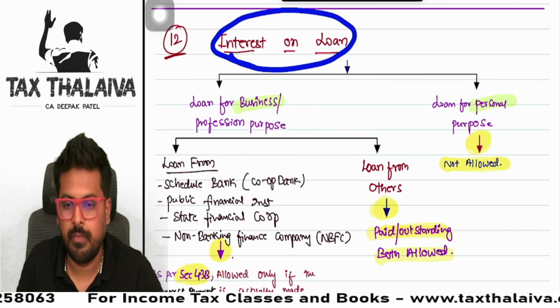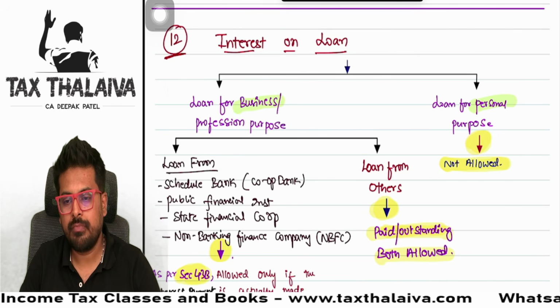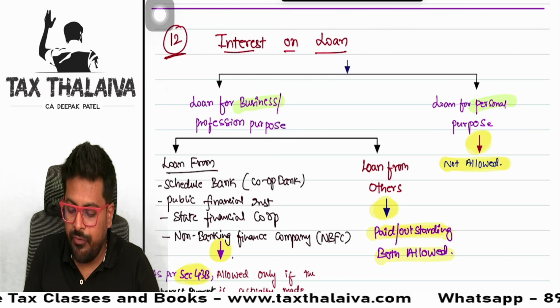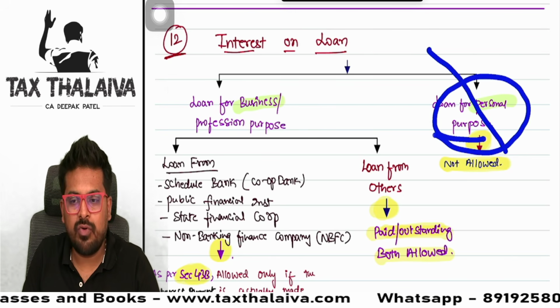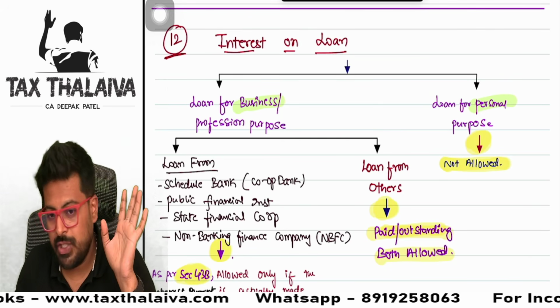Interest on loan. If you take a loan for business or profession purpose, it is allowed. But if you take a loan for personal purpose, of course, that interest will not be allowed as your business expenditure because it is a personal expenditure.